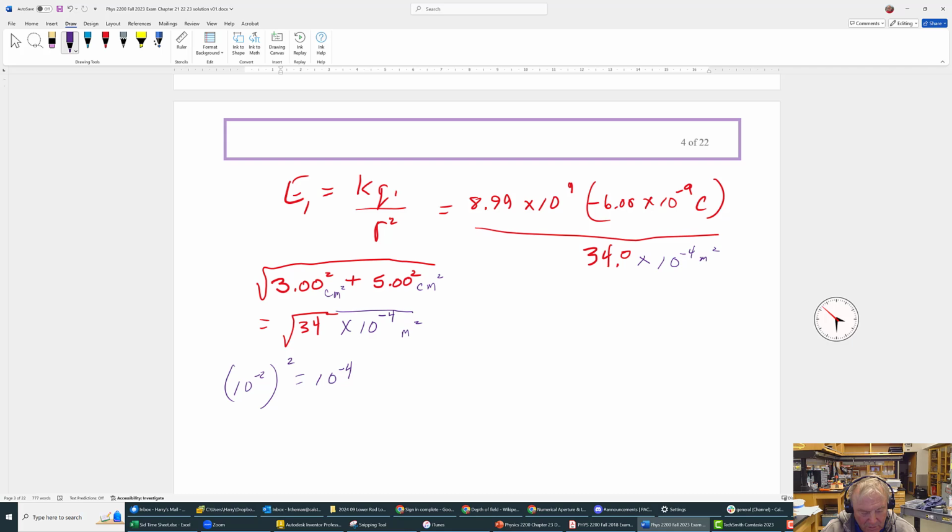Divide. Wow, that's quite strong. Leads me 1.59 times 10 to the 4th newtons per meter.